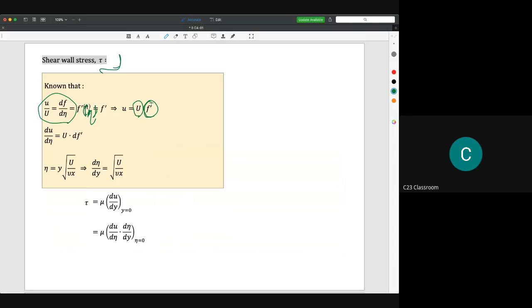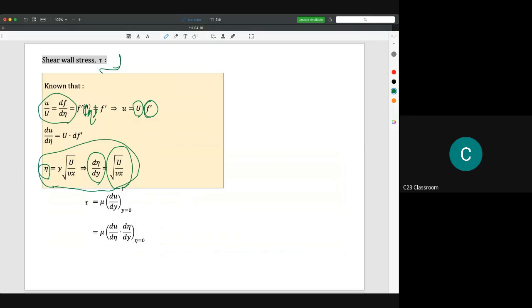If we differentiate this, du d eta becomes U df prime, because we cancel the d eta. And then from these terms we could change from eta: d eta dy is the square root of U over nu x.